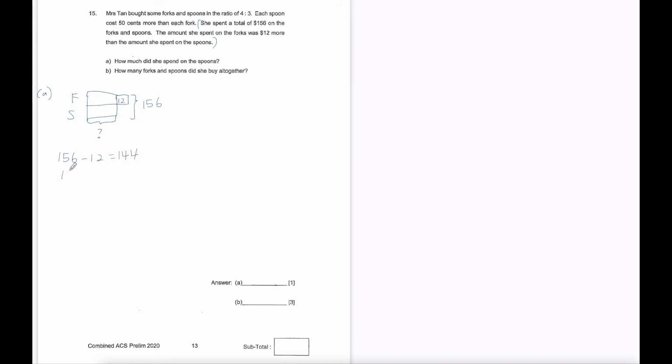And 144 I divide by 2. I'm going to get $72, and that's my answer for part A. So spoons is $72. So how much did the fork cost? Fork is just 72 plus 12, which is $84.